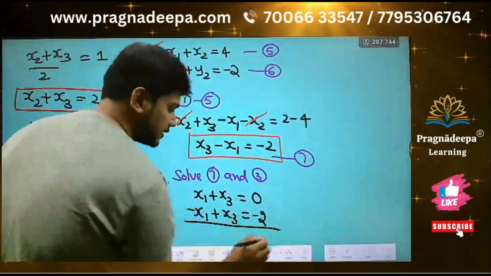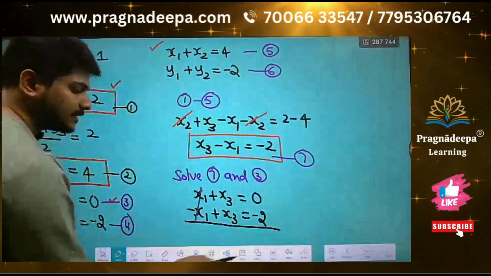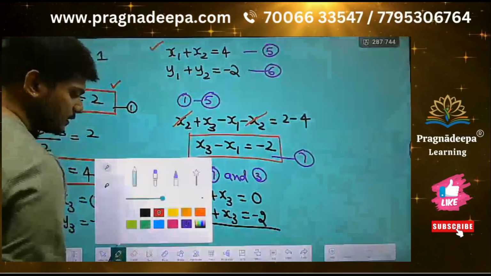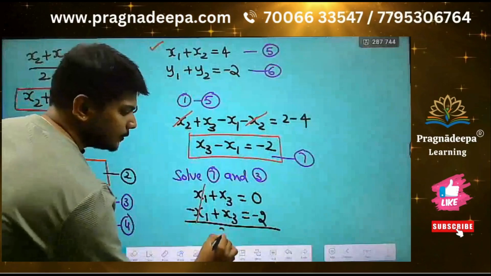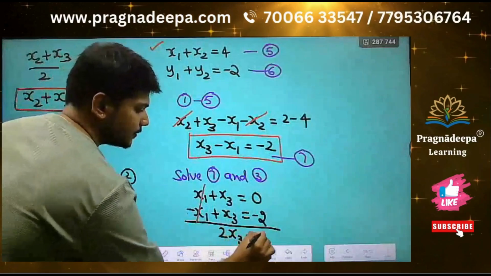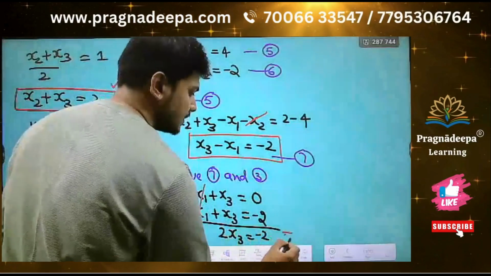If you add these two, x1 gets cancelled. You are left with 2x3 is equal to -2. x3 is -1.